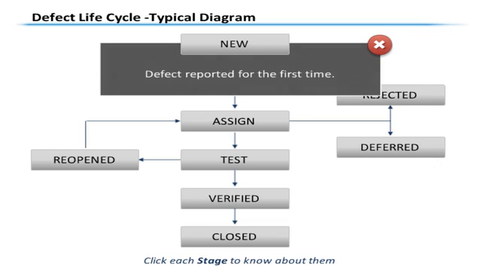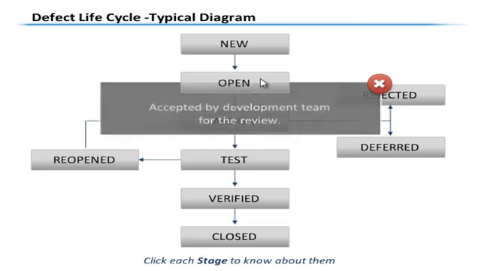New. When the defect is reported initially, by default the status is going to be new. Open. The quality assurance personnel or project manager reviews the defect, determines the priority, then changes the status to open and assigns the defect to a member of the development team.